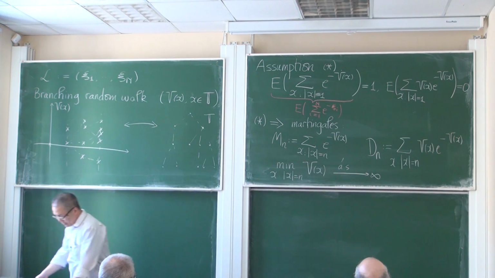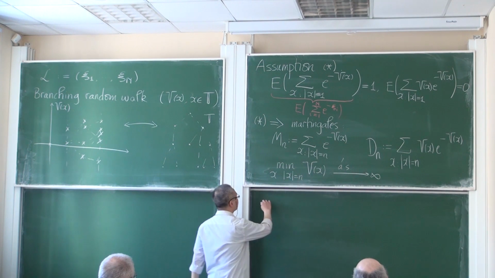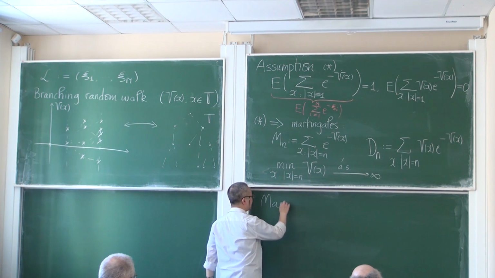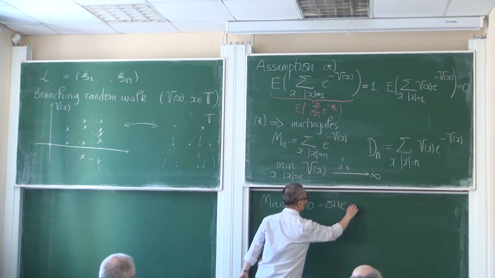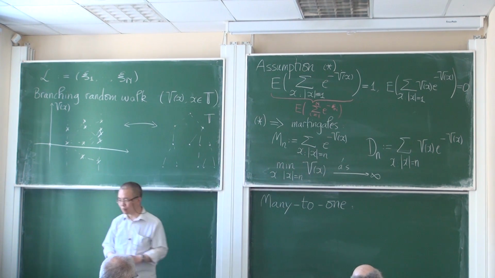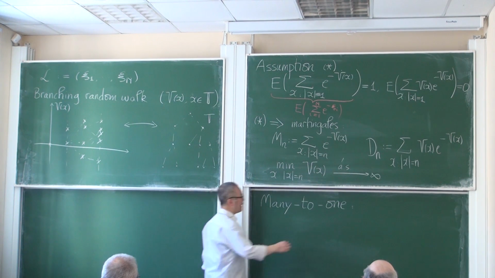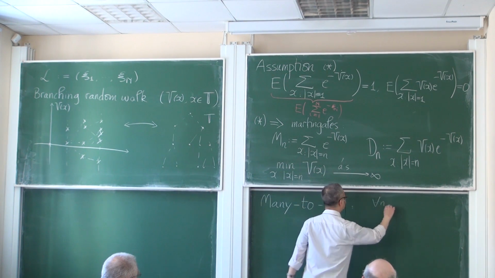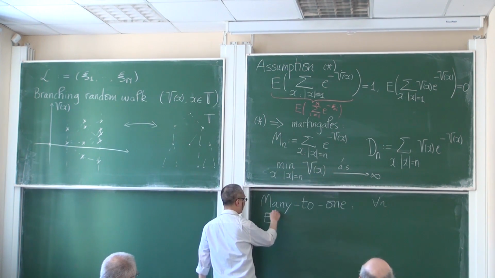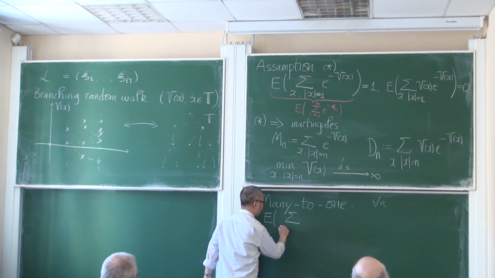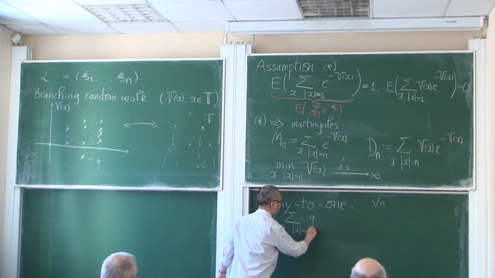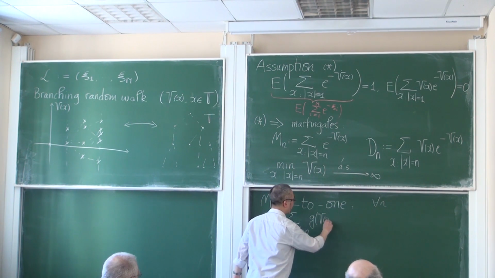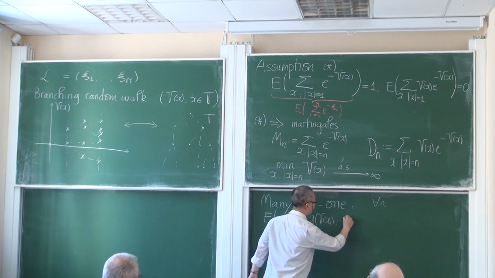Okay, and the only quantitative tool I know for branching random walks is the many-to-one formula, which says that for whatever n, if I sum over everything in the nth generation, I take whatever measurable function of the branching random walk.